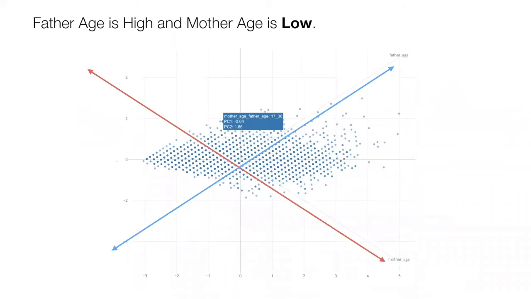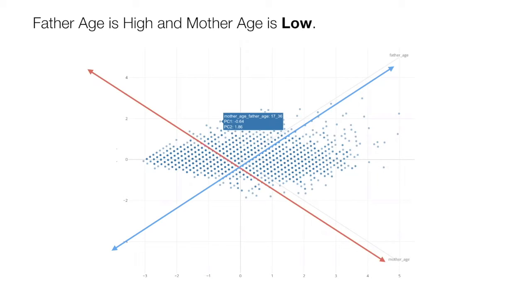Now remember, we still have the father age and mother age dimensions here. So let's pick one baby here, whose mother is 17 and father is 36. Why is that? This red line is the mother dimension, and it goes toward the right-hand-side bottom direction as higher.